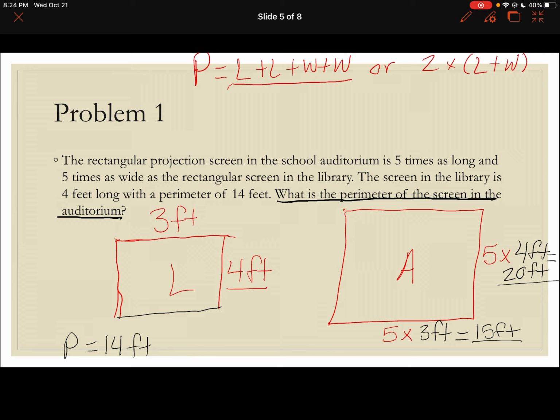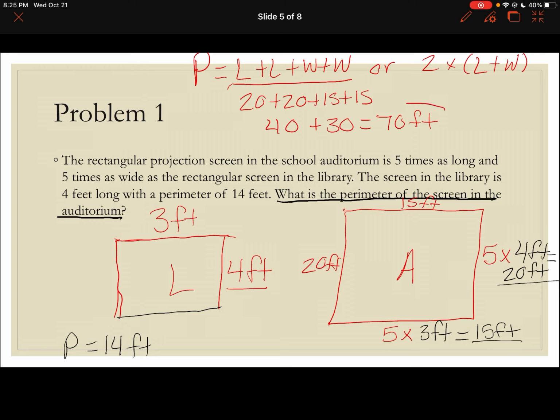So we've got 20 feet on each side, left and right, 15 feet on the top and bottom. So that's 20 plus 15 plus 15. That's 40 plus 30, which is going to give us 70 feet. So the perimeter of the screen in the auditorium is 70 feet.